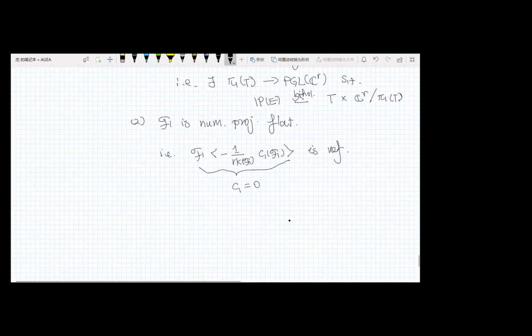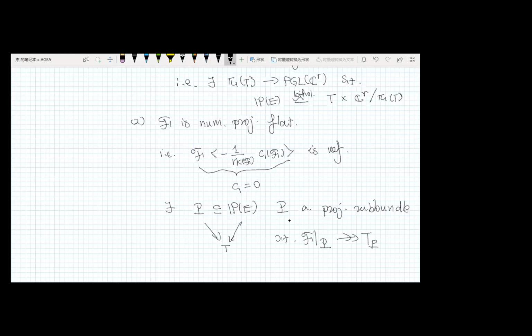And in this case, you can also find a projective subbundle P such that the restriction of F over P is surjective to the relative tangent bundle of P over T. So this is in fact our second example here.